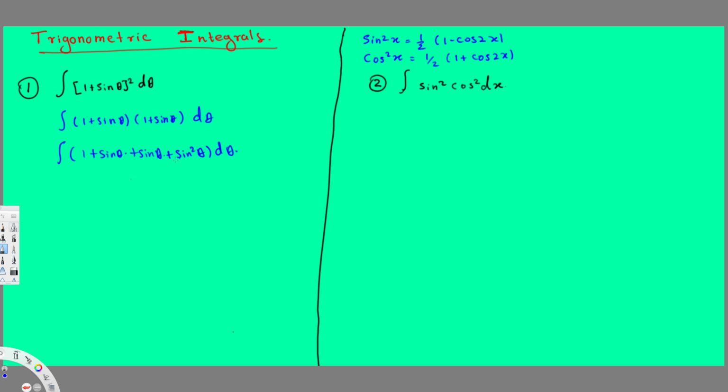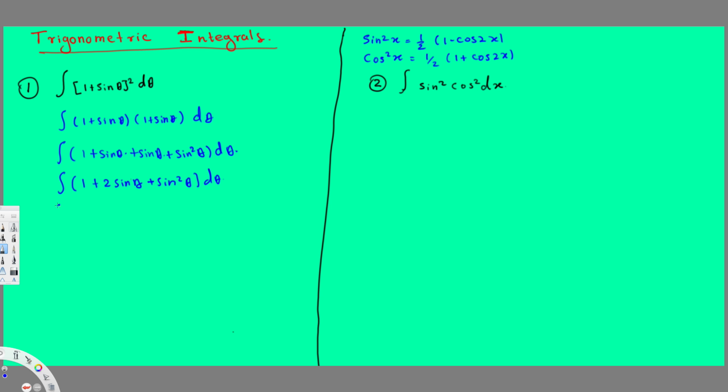Then we can simplify this further and say 1 plus 2 sine theta plus sine square theta d theta. And here I can apply the first identity right here.